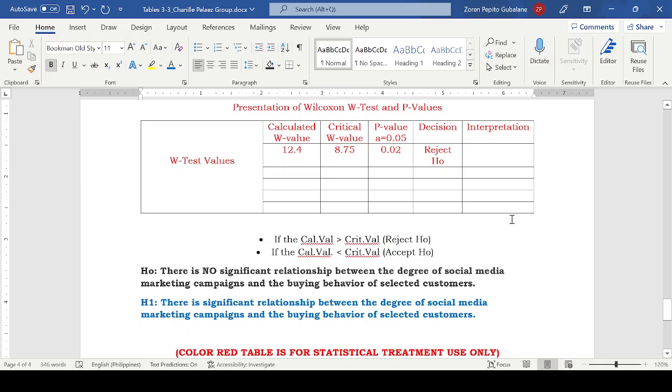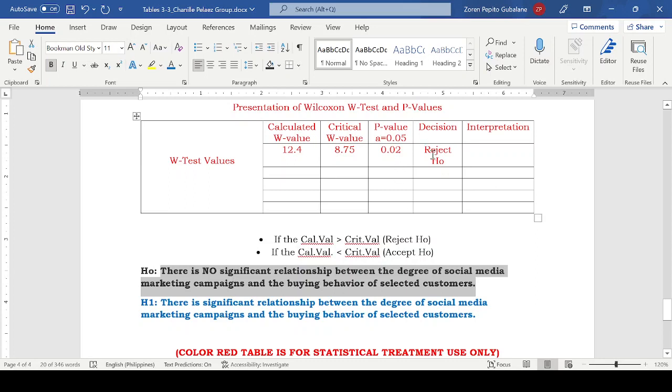Okay, not accept. If the decision based on the computation of the two values, critical and calculated values, tells you that you accept, then no double thinking is needed. You need to outrightly accept this statement as it is.